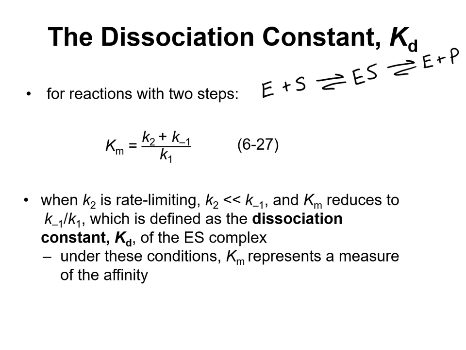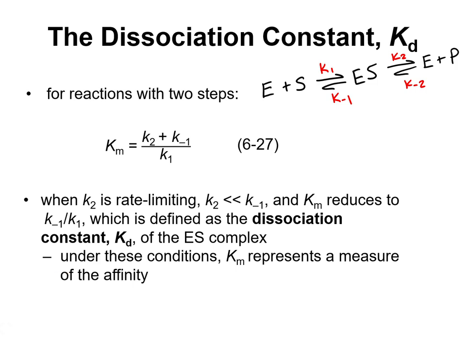But this is the 2-step mechanism that we're talking about. And to fill in our k values, this is k1, k minus 1, k2, k minus 2, which we're not really talking about here.